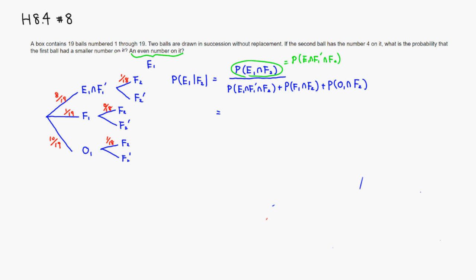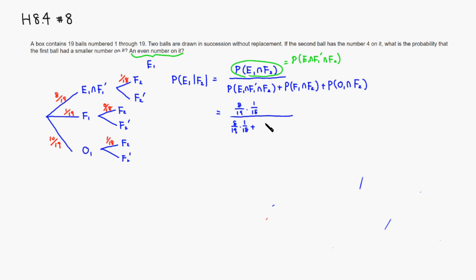Which means that we have to get the even number, 8 out of 19, then a 1 out of 18 chance of getting a 4 on the second draw. Then divide by the total, so this one is exactly the same as before, 8 over 19 times 1 over 18.